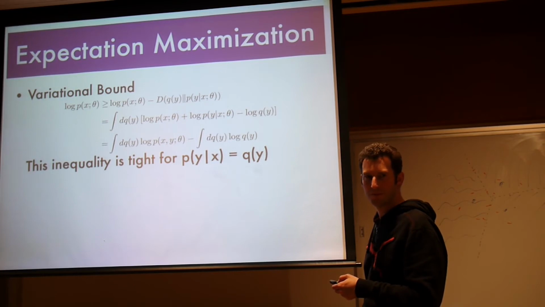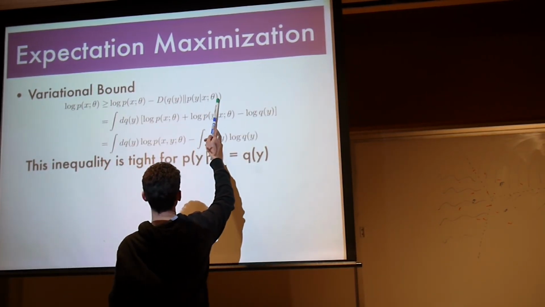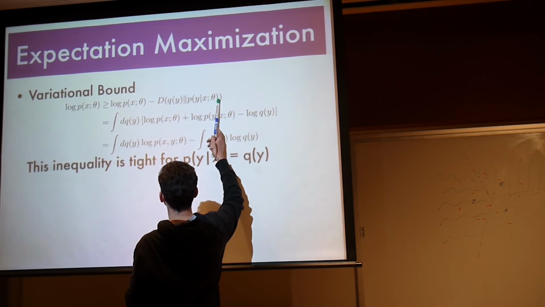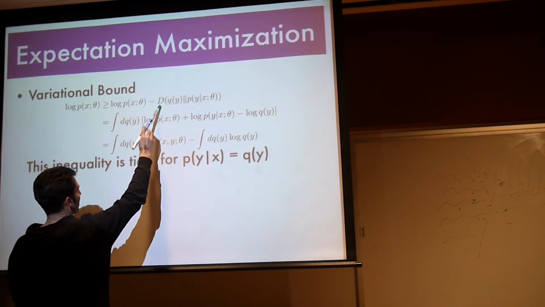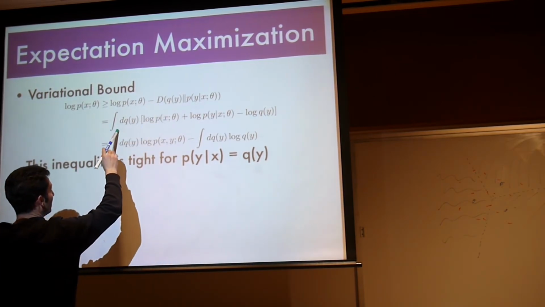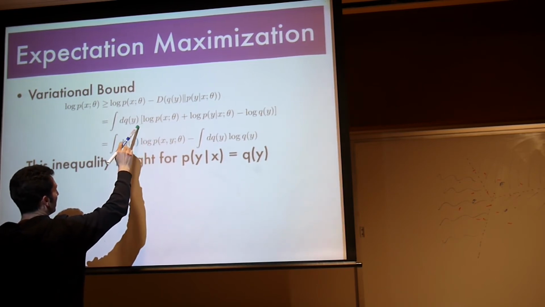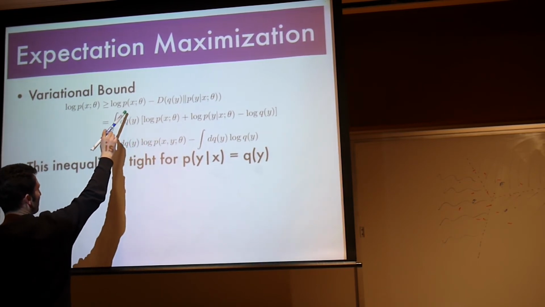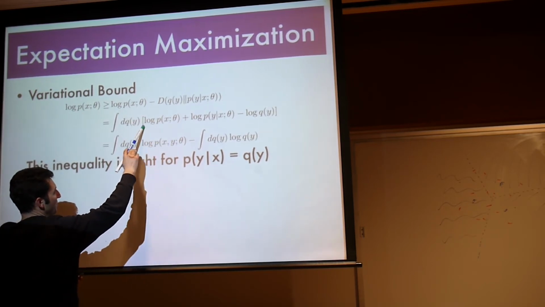Okay? So, this equation, the first line here should be completely straightforward. Okay. Now, to get to the next line, well, let's just write out the KL divergence. It's an integral dq of y. Now, since it's a probability distribution, I can just pull that back in since it doesn't depend on y, nothing untoward happens to it.